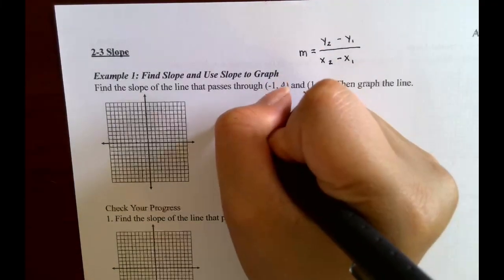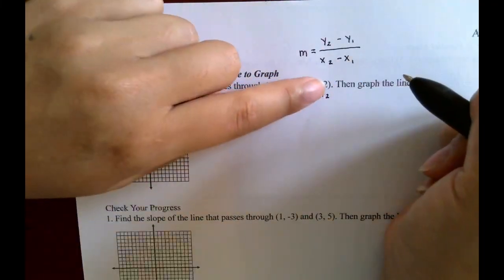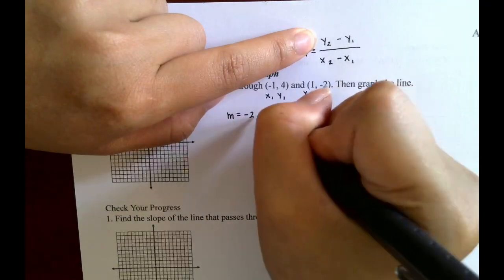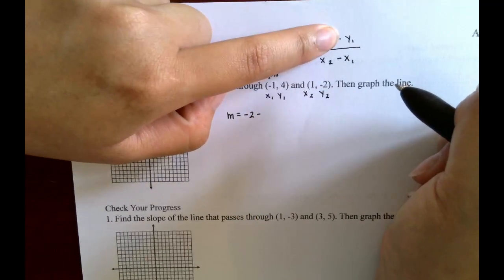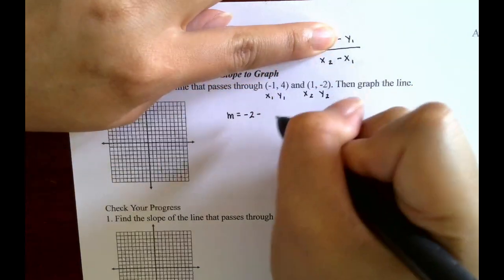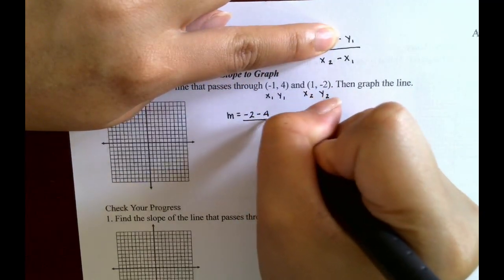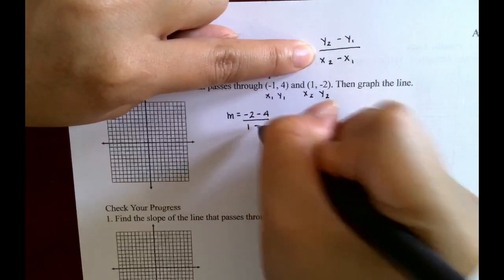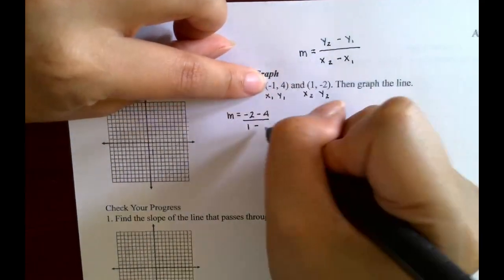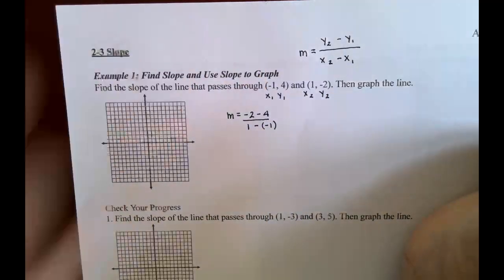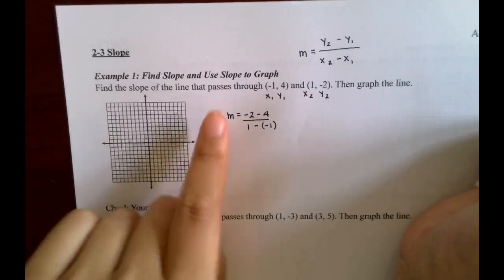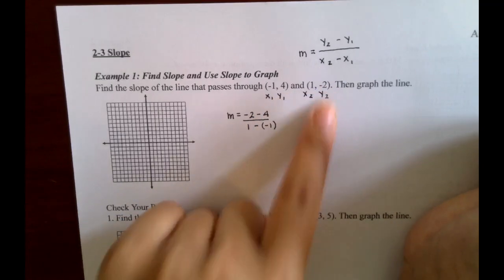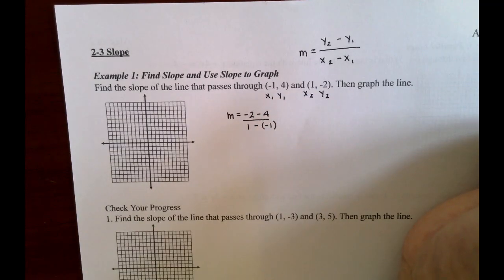Okay, so y2 is negative 2, so I'm going to plug in negative 2, minus y1, so y1 is 4, so minus 4, over x2 is 1, so 1 minus x1, negative 1, minus negative 1. Okay, so you need to remember to stay consistent. If this is x1, this has to be y1. If this is x2, this has to be y2. You can't just mix and match or else you'll get the wrong slope.